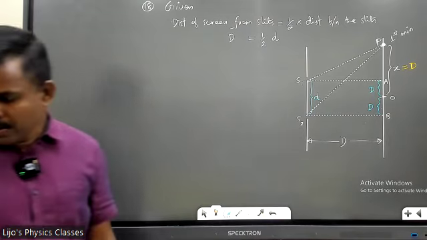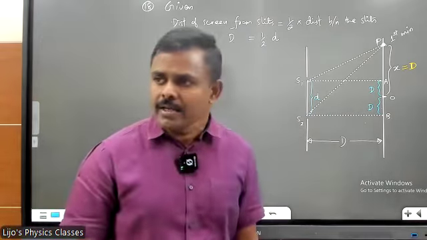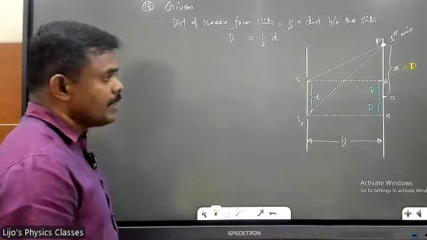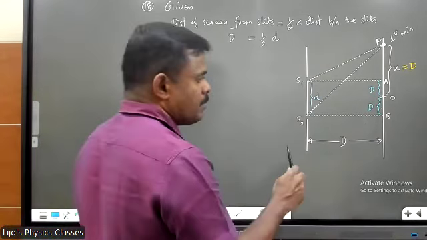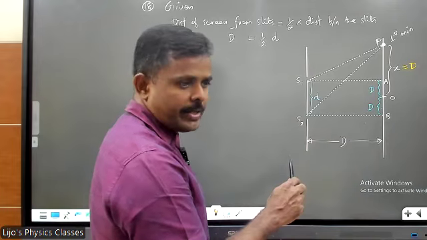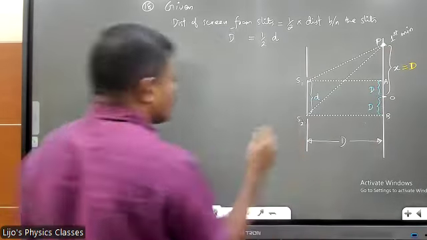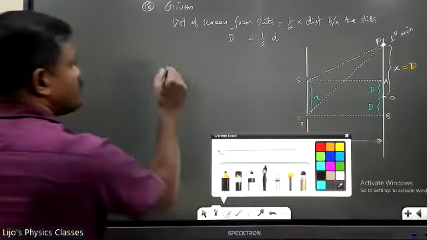Now, let us apply Pythagoras theorem. What is Pythagoras theorem? Hypotenuse is equal to root of base square plus altitude square. Look at this big triangle, S2P. So let's write S2P first.